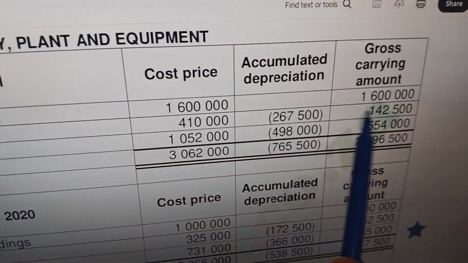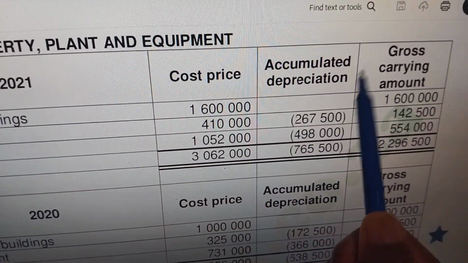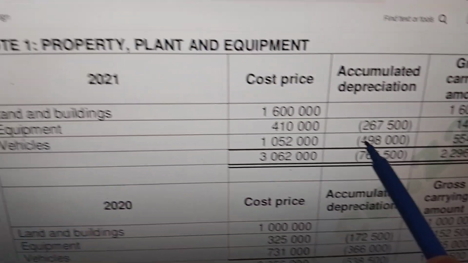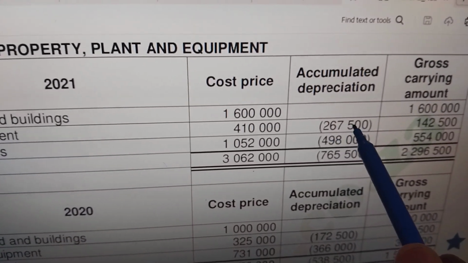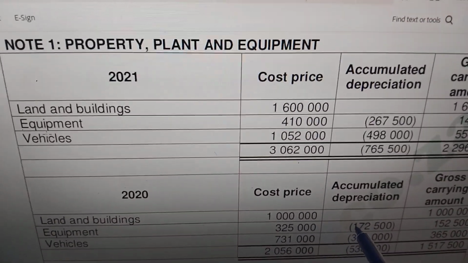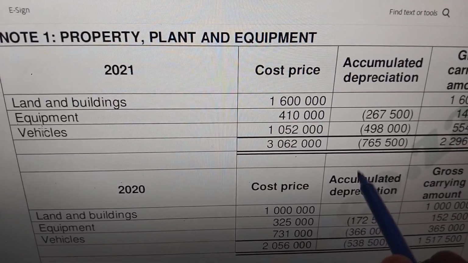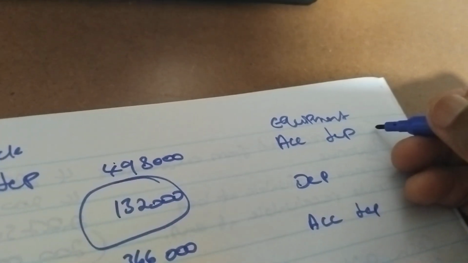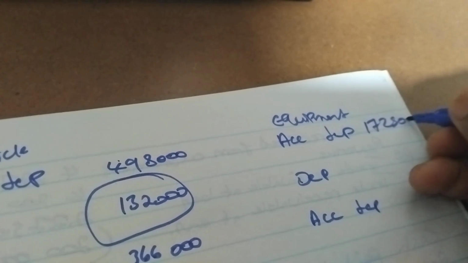Same as equipment. So let's check the equipment. We are focusing on the accumulated depreciation column. For the equipment, we have 172,500 at the beginning and 267,500 at the end.